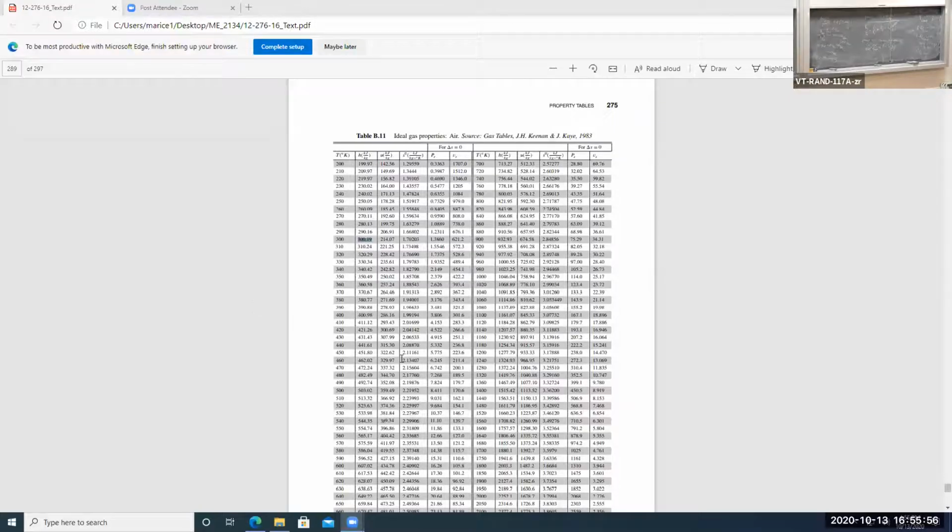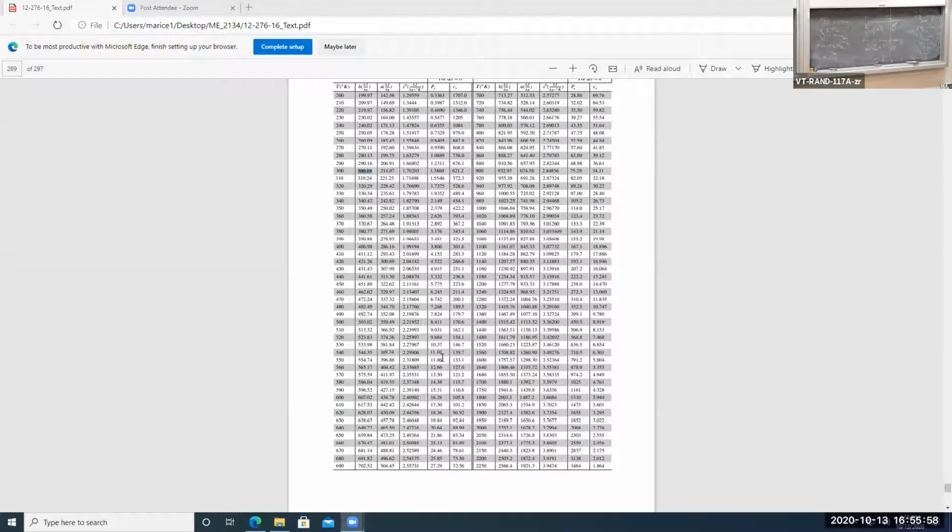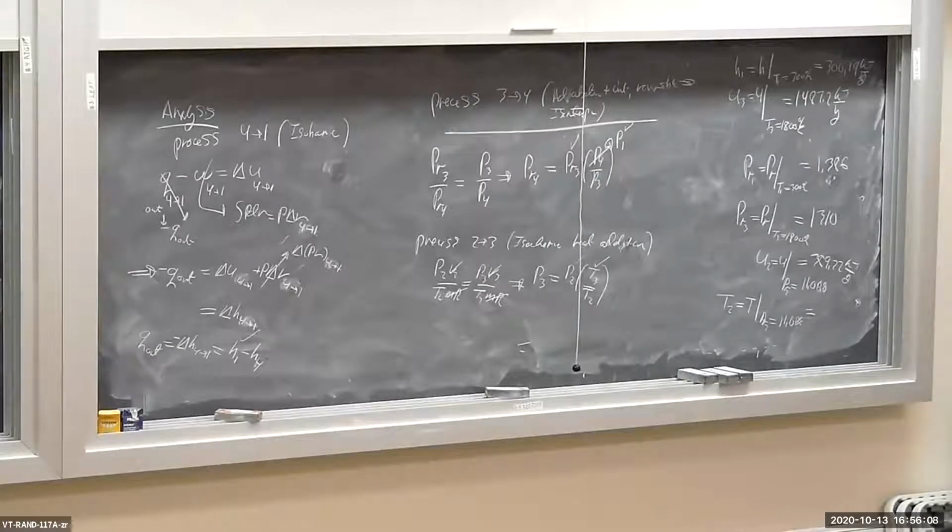It's basically right around 540 degrees. Doing a little bit of interpolation, I think it's just a little bit below. T2 is 539.8 degrees Kelvin.